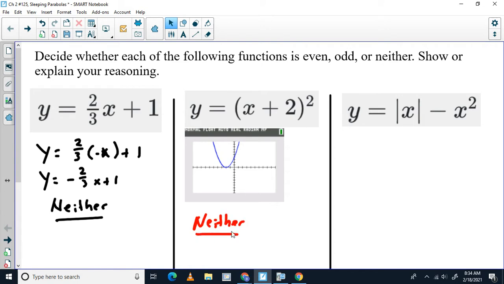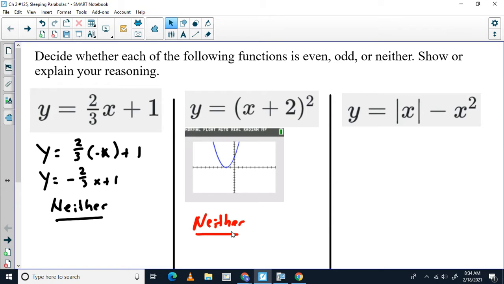So I can check for even, odd, or neither by putting in the opposite of x and seeing what the output looks like. I can look at the graph itself and decide, do I have a line of symmetry at the y-axis? If so, it would be even. Or can I rotate it 180 degrees and have rotation symmetry? If that happens, it would be odd. But if neither one of those things happen, then it's the neither category.